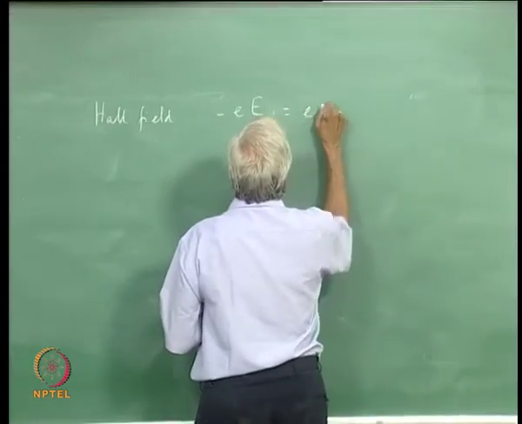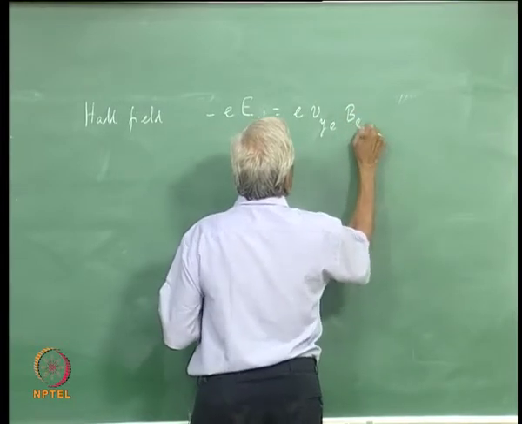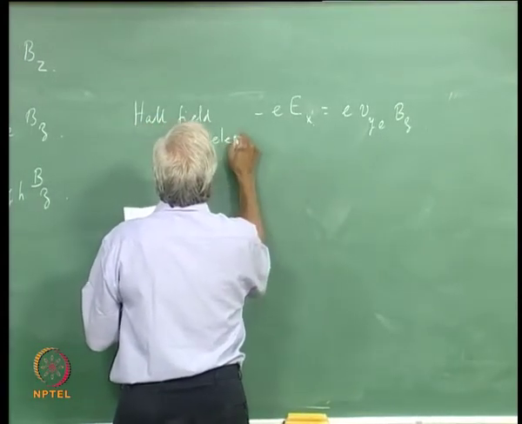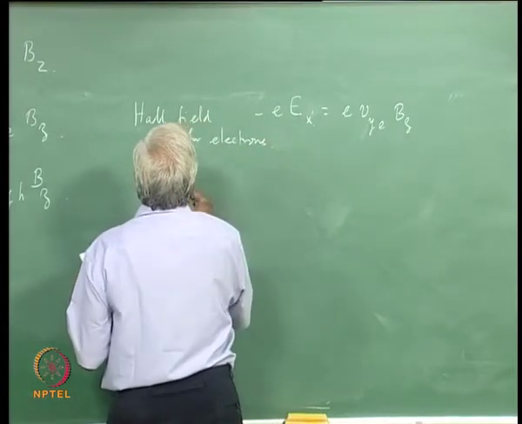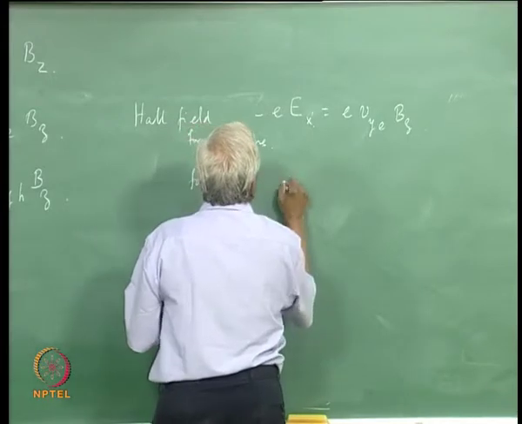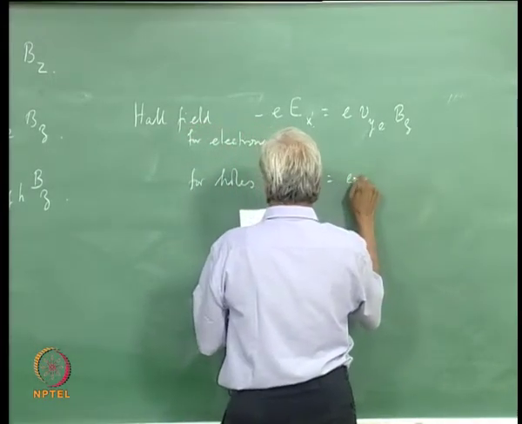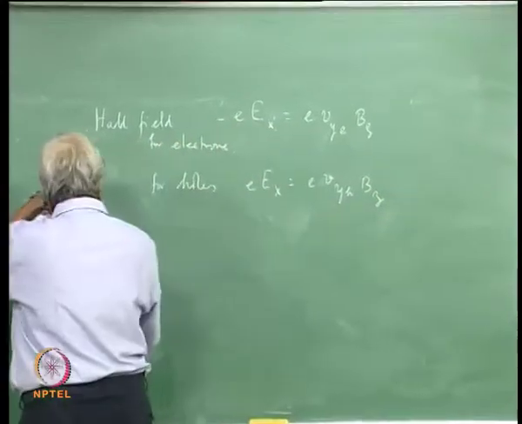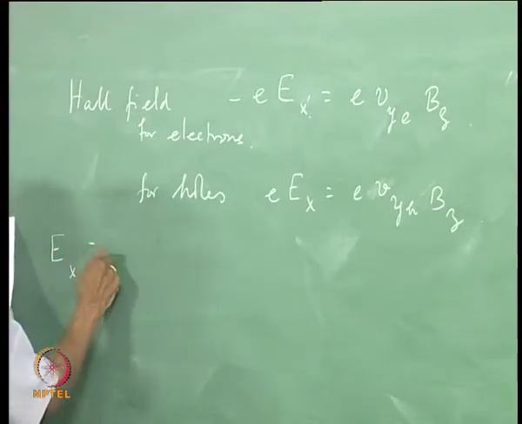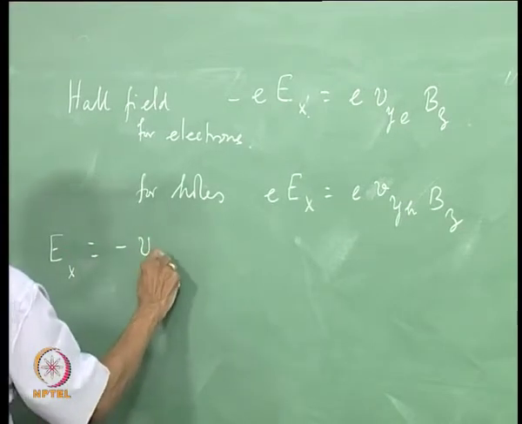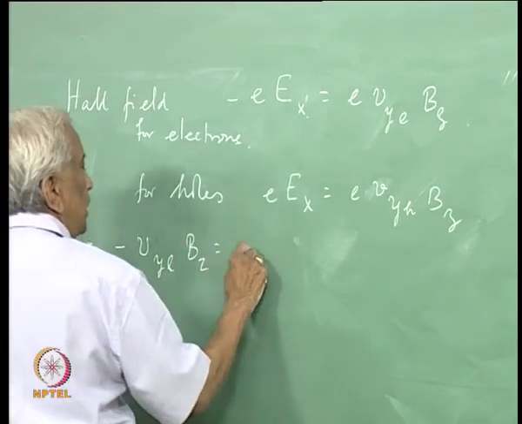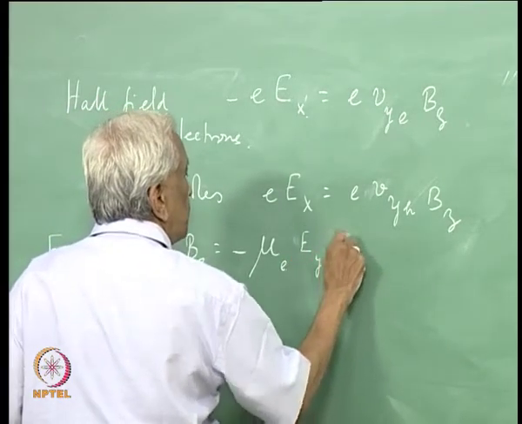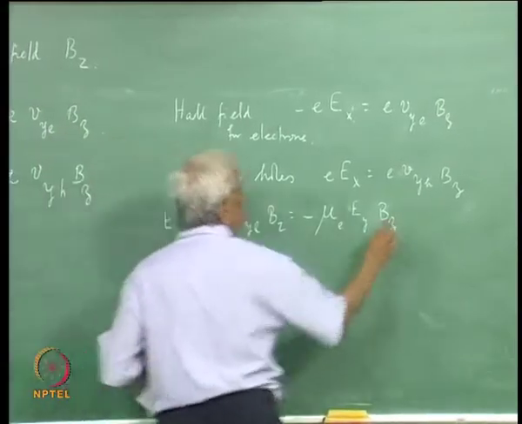Therefore, this is E_x = −v_y,e B_z for electrons due to motion of electrons in the x direction, and for holes similarly it will be E_x = v_y,h B_z. Therefore, E_x in these two cases will be −v_y,e B_z, which in terms of the mobility is −μ_e E_y B_z, and this is for the electrons.